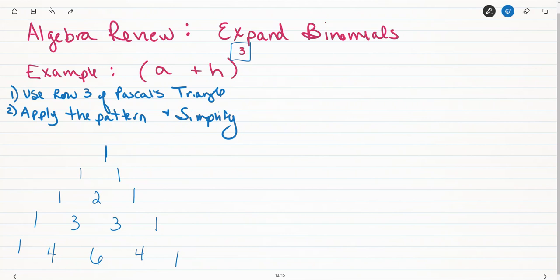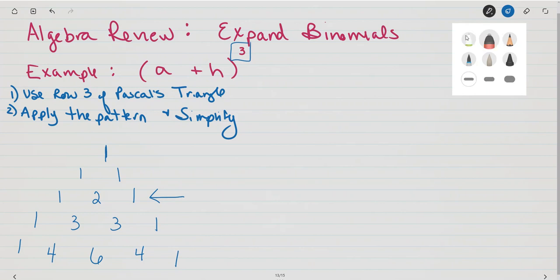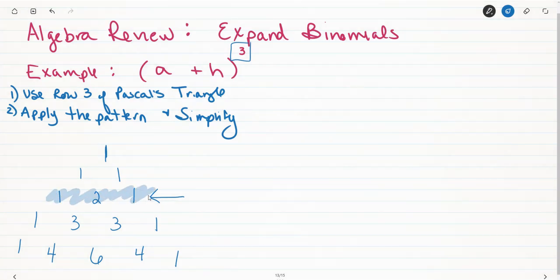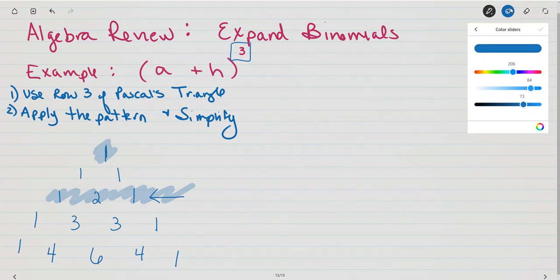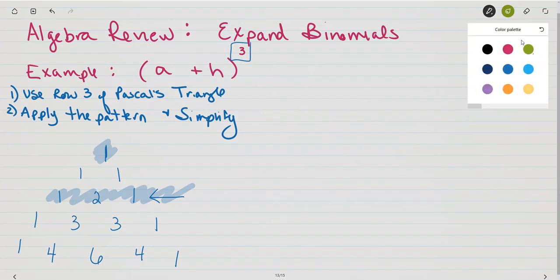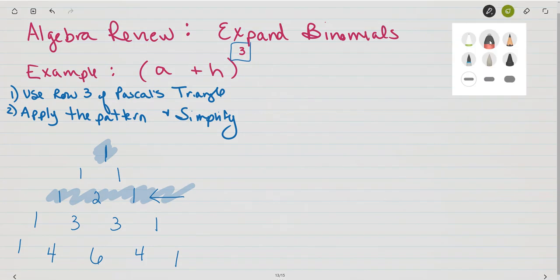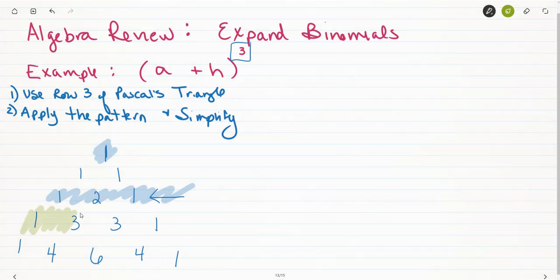The next step is to understand which row is row 3. It may seem that this row should be row 3, but it's not. That we're going to call row 2, because we call the top row row 0. So the actual row 3 is going to be the row that I'm highlighting in green here.